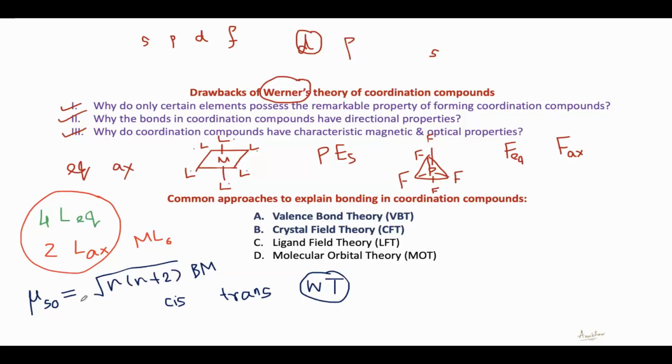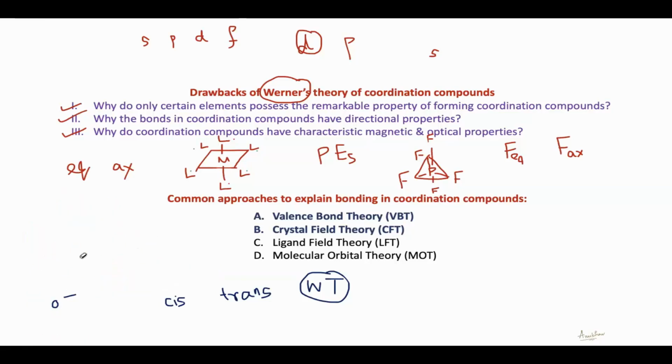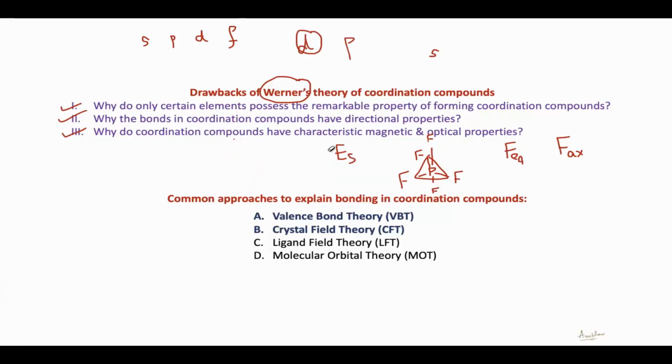So Werner's theory is also unable to explain how and why these characteristic magnetic and optical properties arise in coordination compounds. Werner's theory was unable to explain these characteristic directional properties, and also why specific elements produce coordination compounds.